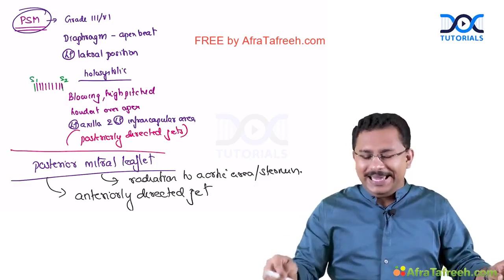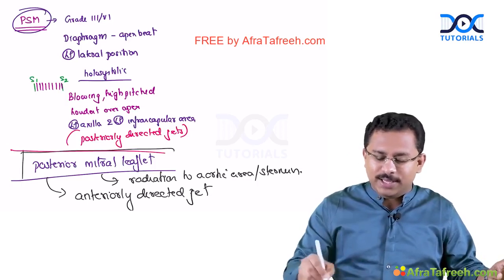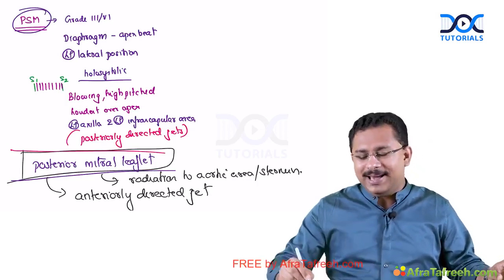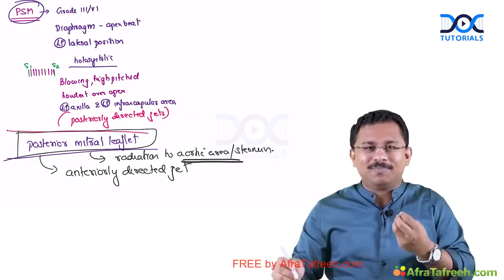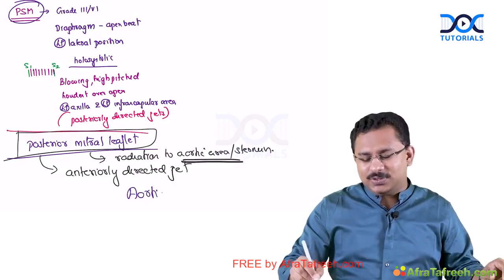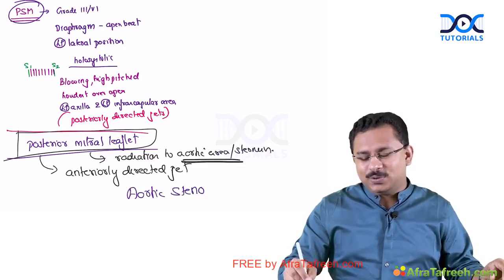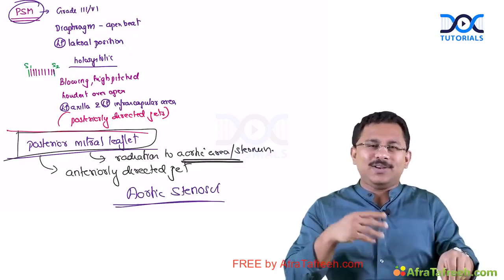But remember, in case you have an MR because of a posterior mitral leaflet abnormality and a radiation to the aortic area, which other murmur are you likely to confuse it with? Aortic stenosis, which is an ejection systolic murmur. You may get confused.